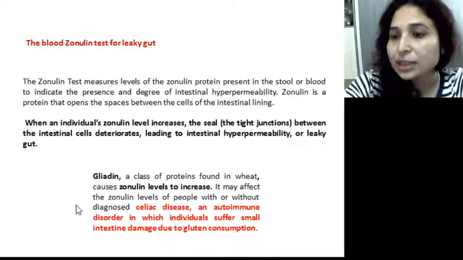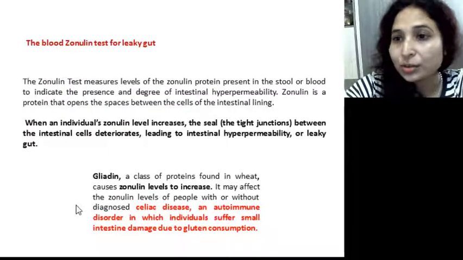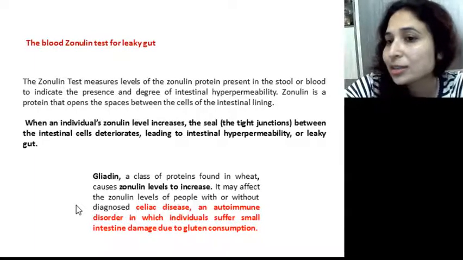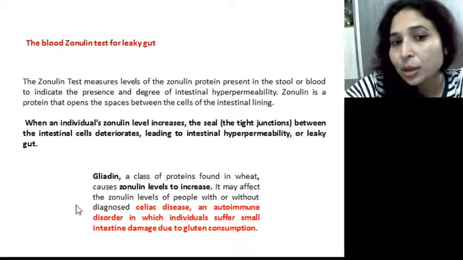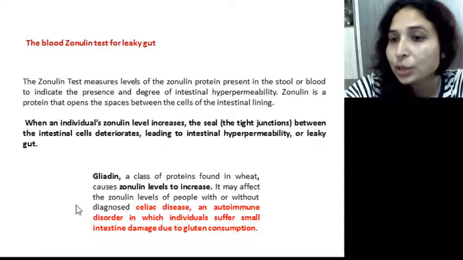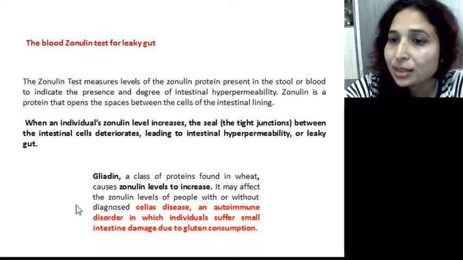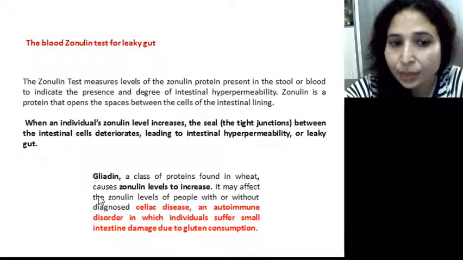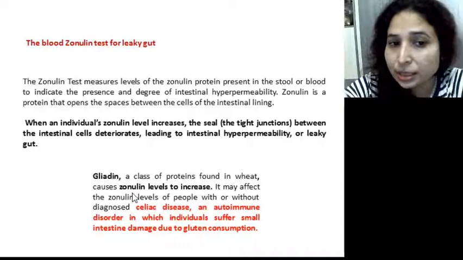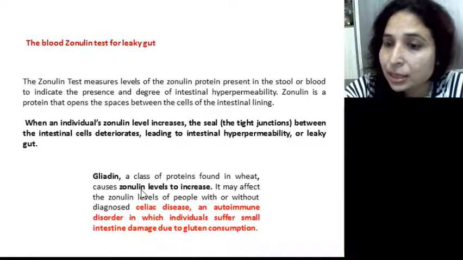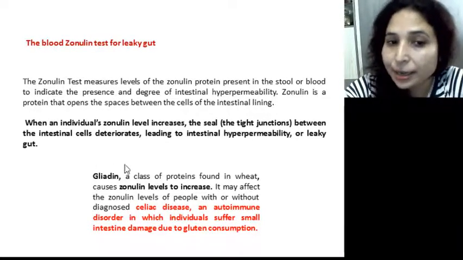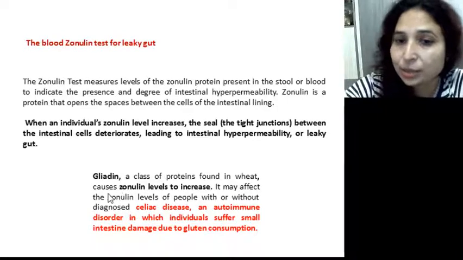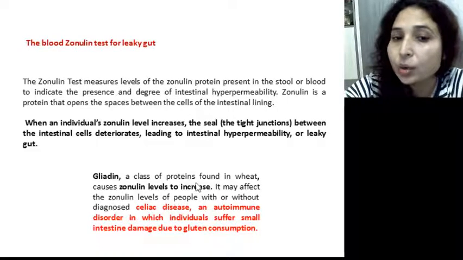So one of the tests that is used for the detection of leaky gut is called the zonulin test. This zonulin is a protein, and this protein is increased in the condition of leaky gut. The zonulin level increases when the gliadin level increases, and gliadin is a protein that is found in wheat.